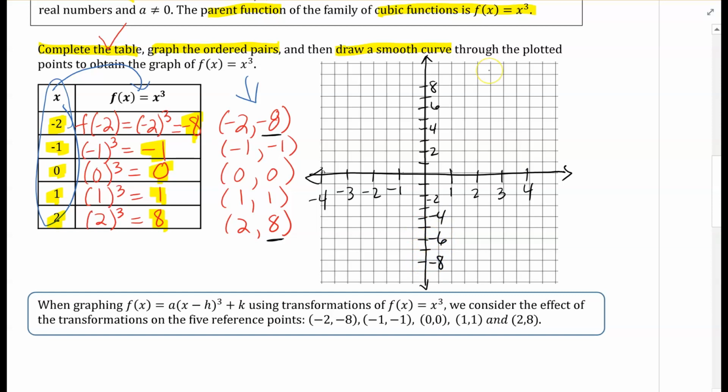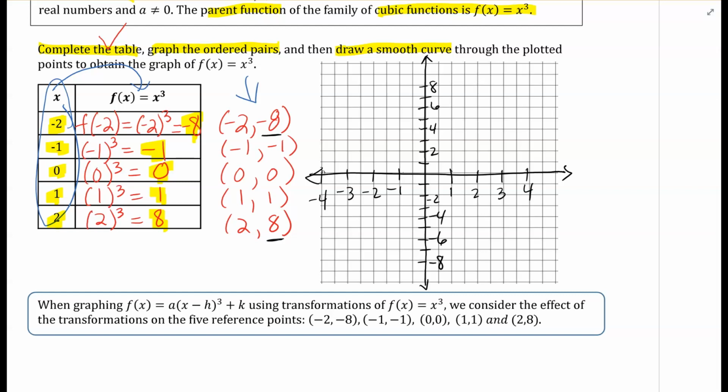It's very important to label your graph with your scale so that we know if you're going by a half or by ones. Sometimes your y numbers might go from 16 to -16, so you might have to go by 2s. You have to specifically show us what your scale is.